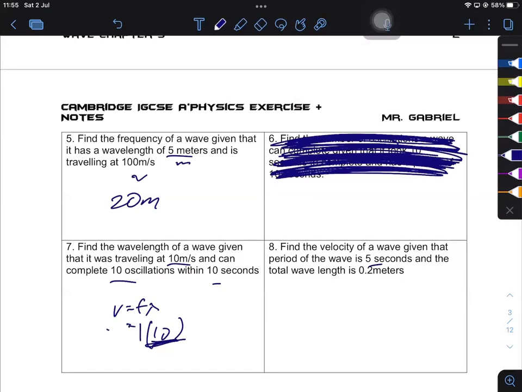Zero point 0.04. Oh, excellent job, Raj. You are all correct.